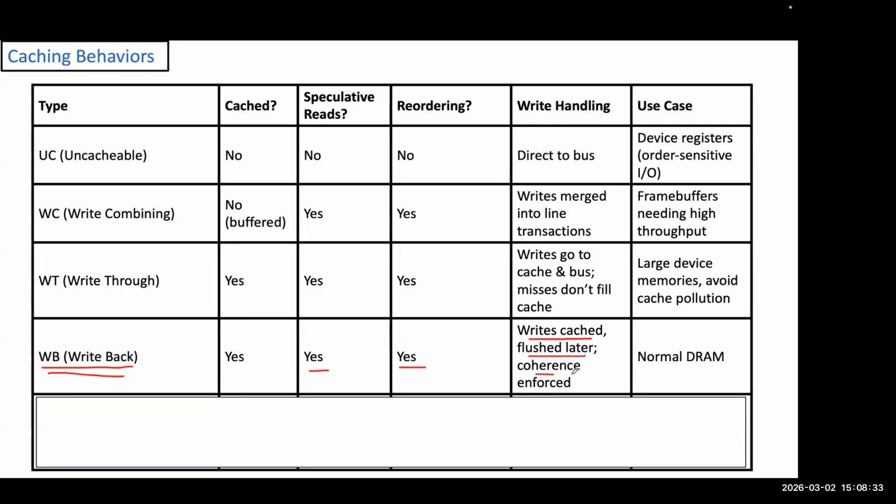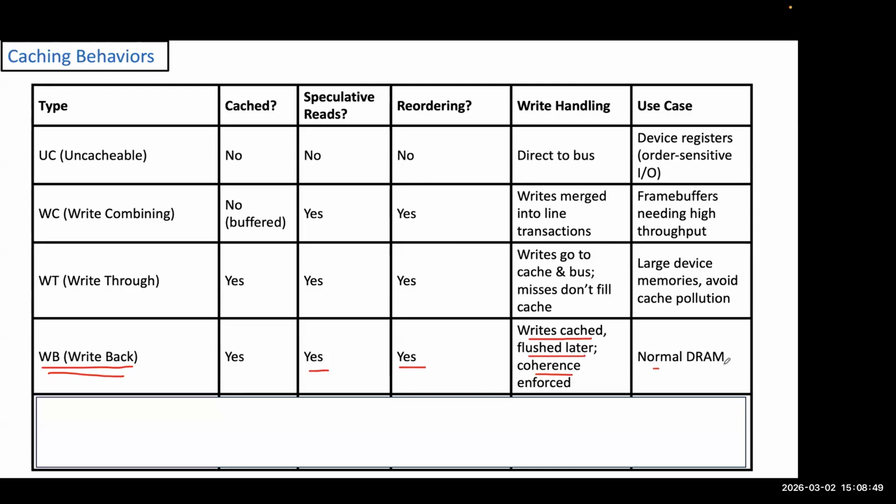And coherence is enforced, which means that if you have multiple cores sharing, let's say L3, coherence is enforced on the memory locations for which the defined caching behavior is write back.